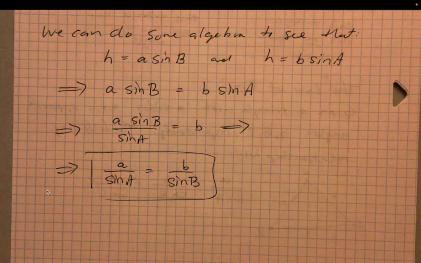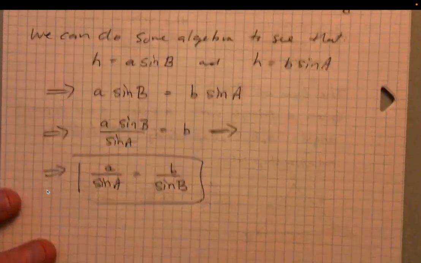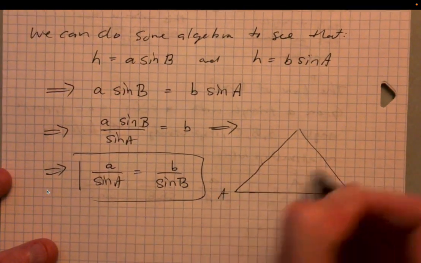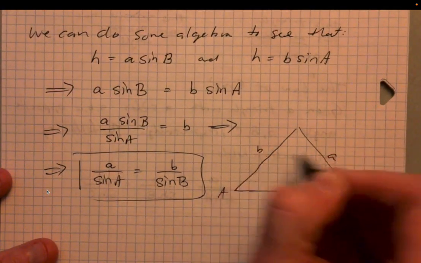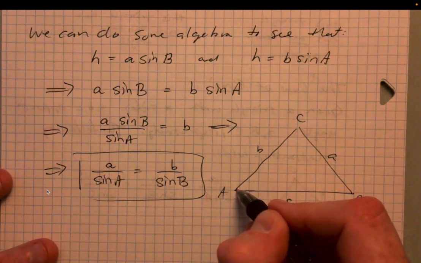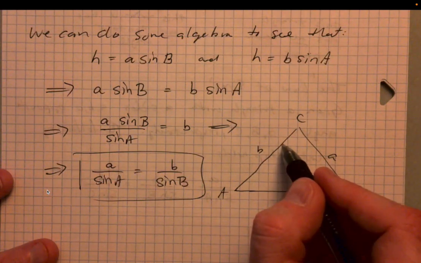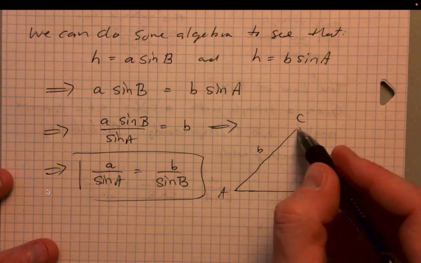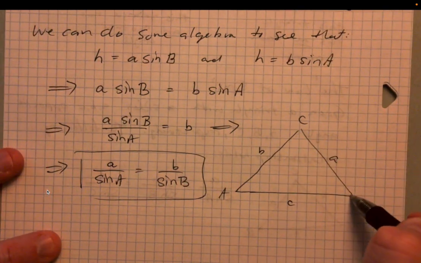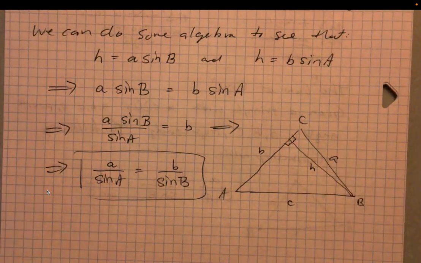All we would have to do to pull the third in would be to redraw this. I've got my A and my A, my B and my B, C and C. What I could do is drop my perpendicular from B down onto AC instead. Before I came from C down, but I could just as well do it like this and call that h.